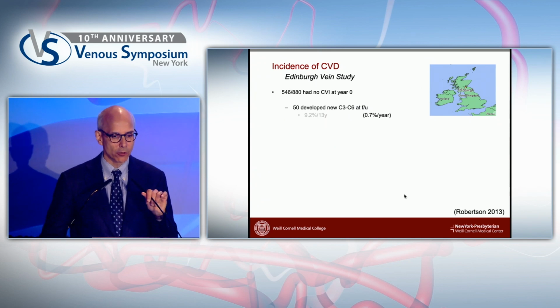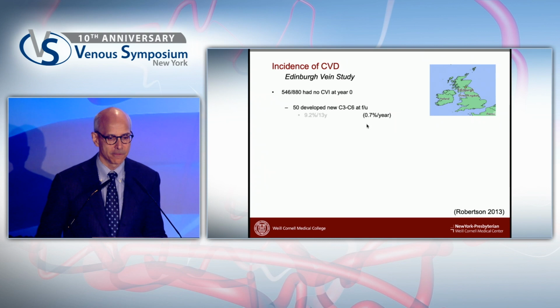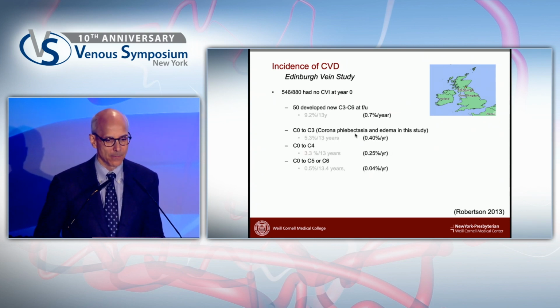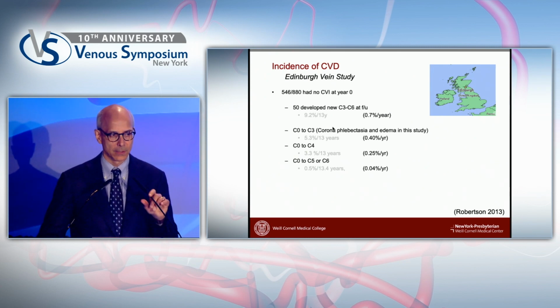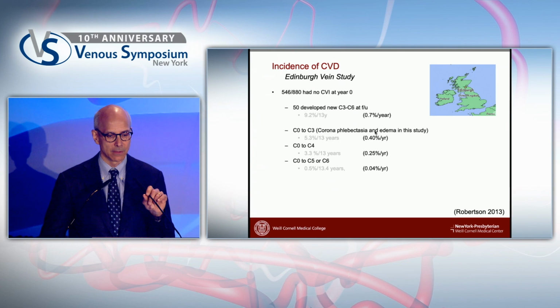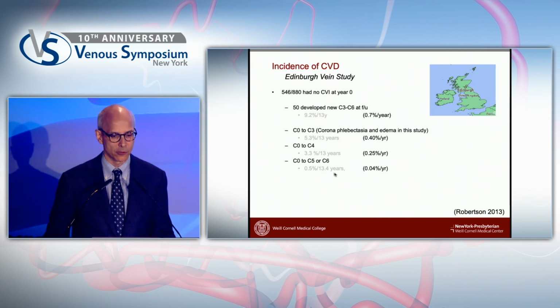In terms of chronic venous insufficiency, more advanced disease, the rate of development was similar, 0.7% per year. The predominant grouping of development was edema, C3 disease, and only a small number of patients went from C0 to C4, and a very, very small number from C0 to C5, 6 over that 13-year period.